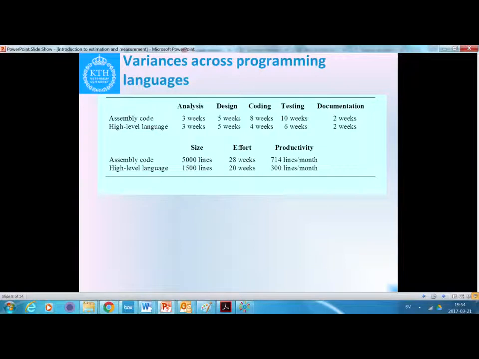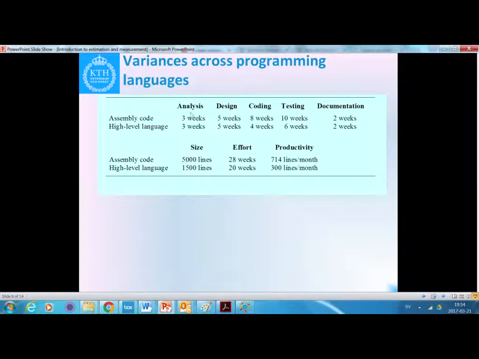But using lines of code is actually not a very good measure, because lines of code in assembly language are not the same as lines of code in a high-level language. Let me provide you an example. To develop some functionality, it takes time, but it takes different time if you do it in two different types of languages.